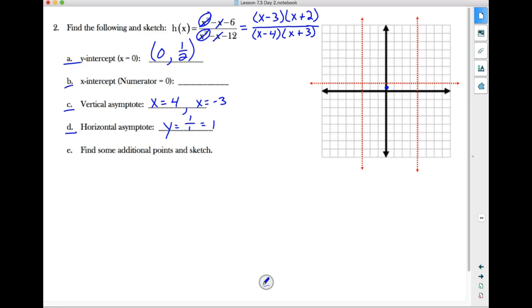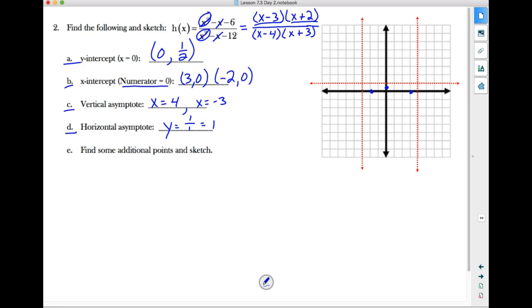And my x-intercepts are going to be zeros of the numerator, where I can see one of them is going to be (3, 0), because if I plug 3 into this, I'll get 0 on the top. And if I plug -2 into that factor, I would get 0. So I have 2 x-intercepts, one at (3, 0), and one at (-2, 0).